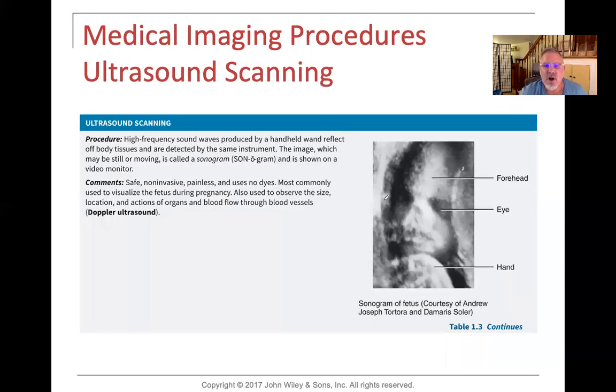Great test. Ultrasound, very safe. It's non-invasive, painless, no dyes are used. This could be used to visualize the fetus during pregnancy. They take measurements to look at the size of the skull, to make sure all the organs are intact, that the brain is there, the heart, the spinal cord. Ultrasound is sometimes referred to as sonogram.